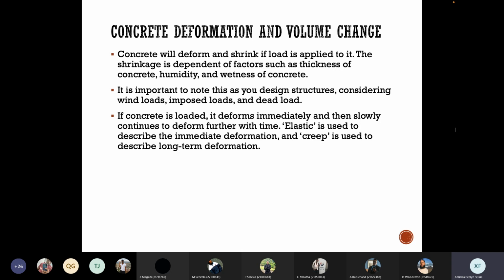It means that it is not able to support the load that you have, provided that the load is bigger and cannot be supported by that particular beam. It will tend to sag if it does not have reinforcement, or even if it has reinforcement but not proper reinforcement in terms of the bars that you inserted, they are not able to give you the desired strength. What it will do is it will deform, right?